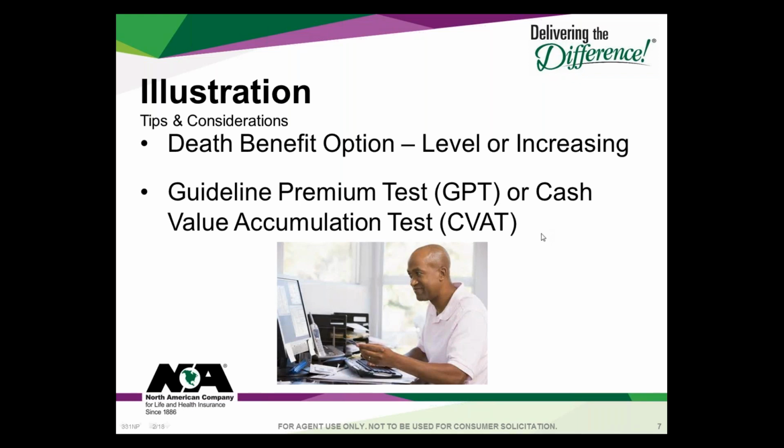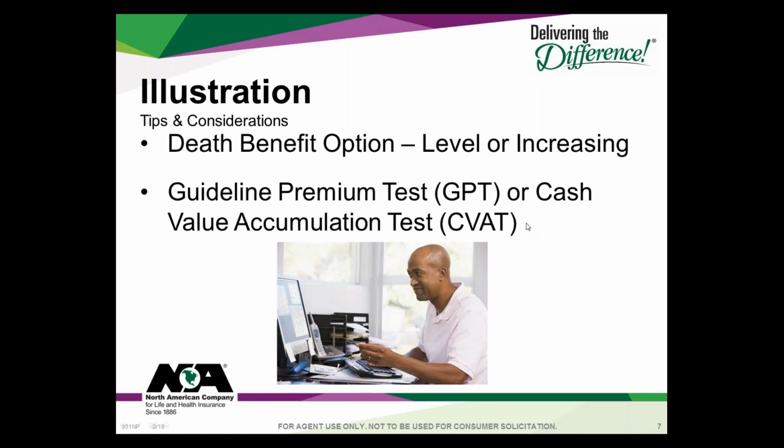Well, cash accumulation test can sometimes be nice in some rare circumstances, but I would say 99% of the time, unless you're looking at a particular sale, which is called our smart money sale on the rapid builder product, that one uses cash value accumulation test very effectively, because you're already willing to become a MEC, for example. But if you're trying to avoid MEC status, if you're doing a retirement planning case, don't use the cash value accumulation test, use the guideline premium test.